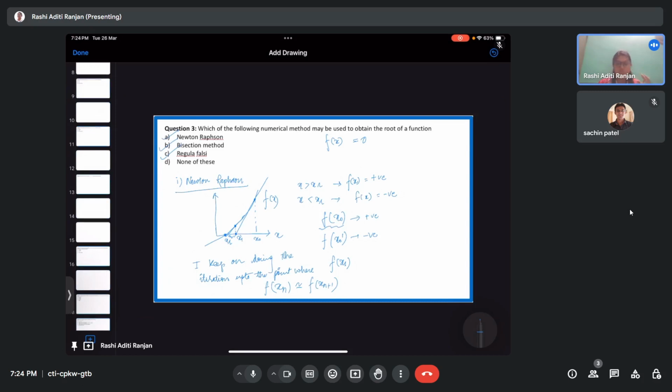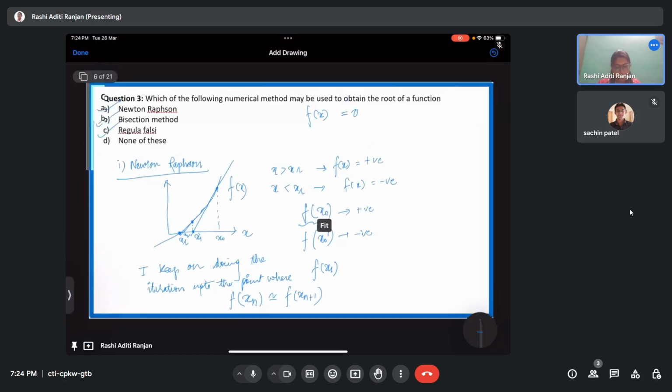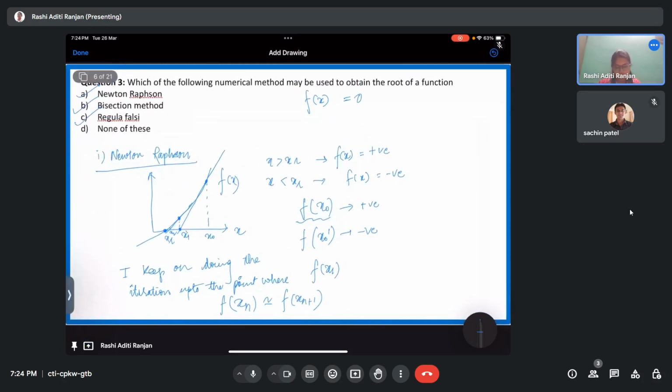Also, I'll just tell you something. You remember the way we were solving this differentiation thing, where we used to write that f dash at xn was equal to f at xn plus 1 minus f at xn divided by xn plus 1 minus xn.